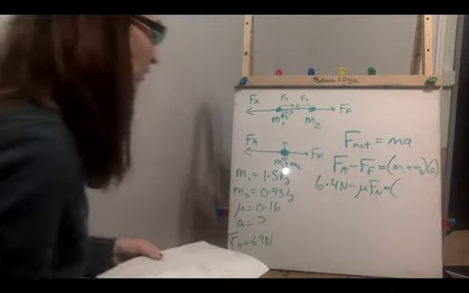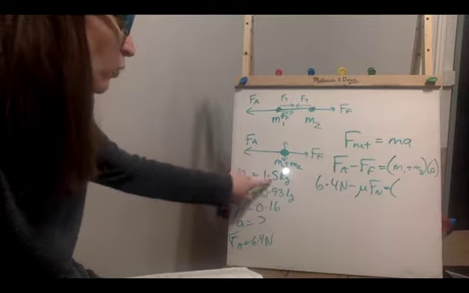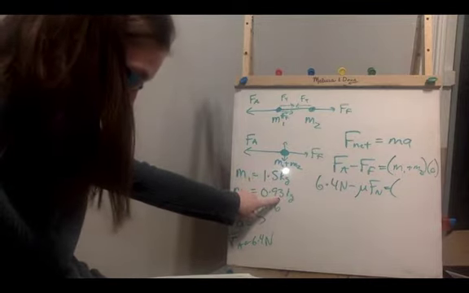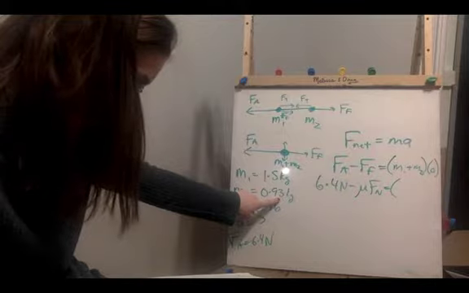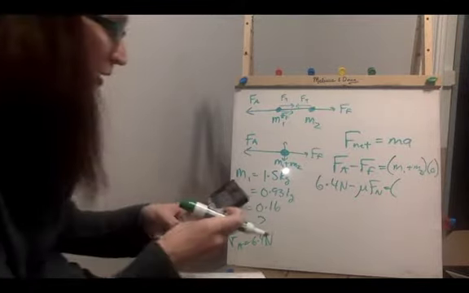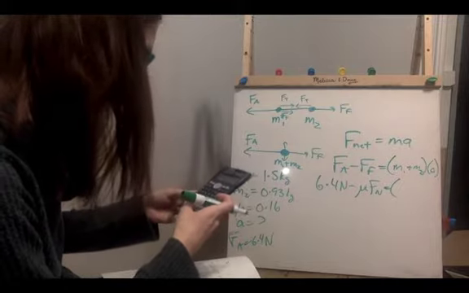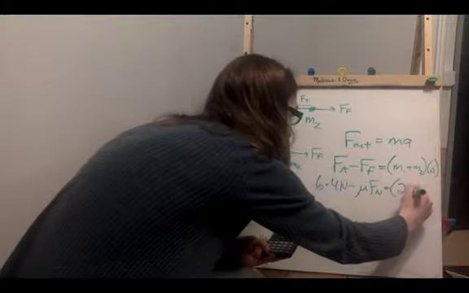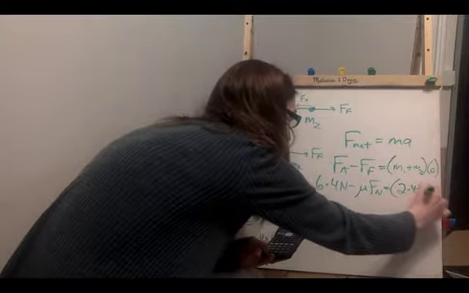And then we have our two masses that we can add, 1.5 plus 0.93. I don't think I ever actually wrote that down, I just did it all on my calculator. So the sum of the two masses here ends up being 2.43 kilograms.